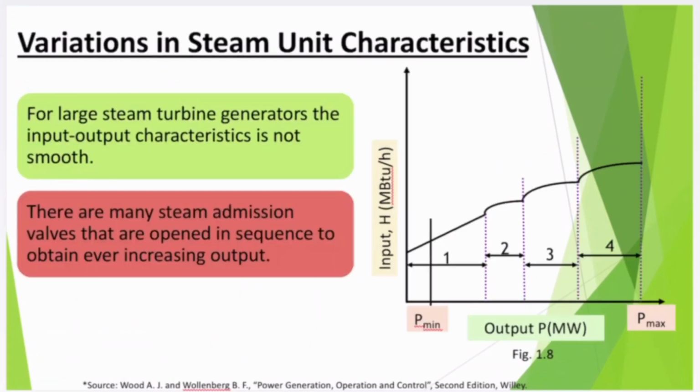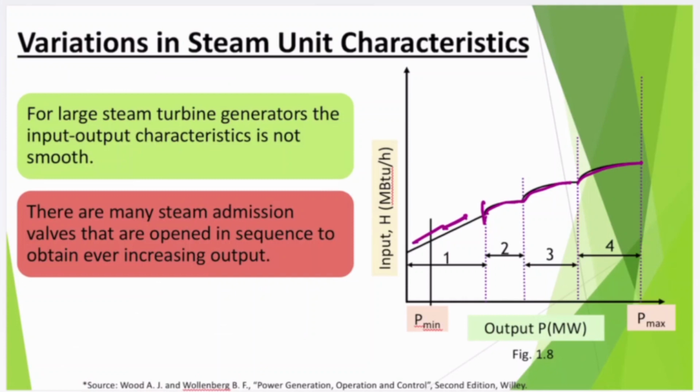Now, if you look into multiple steam turbines or steam unit characteristics, what happens is the characteristic keeps changing: it is a linear characteristic, which then jumps to another level, and jumps to another level again.